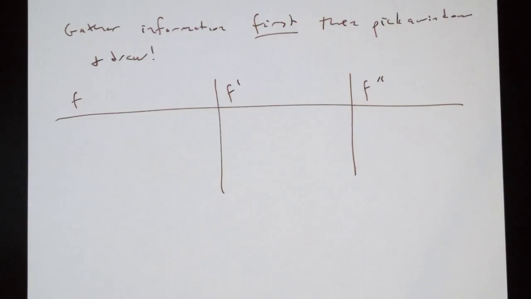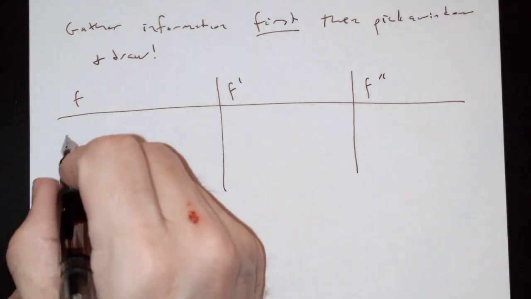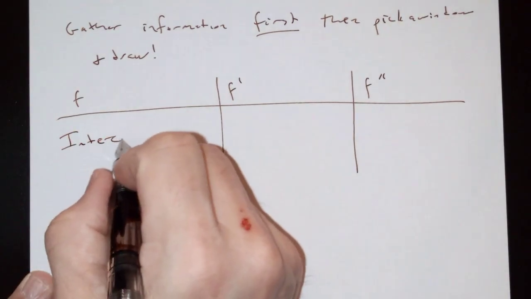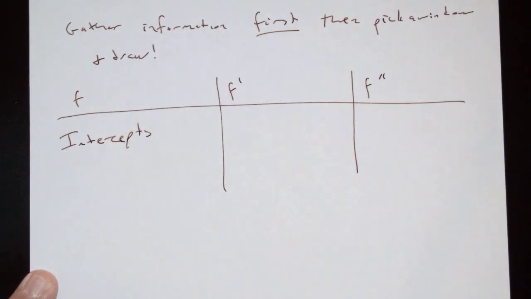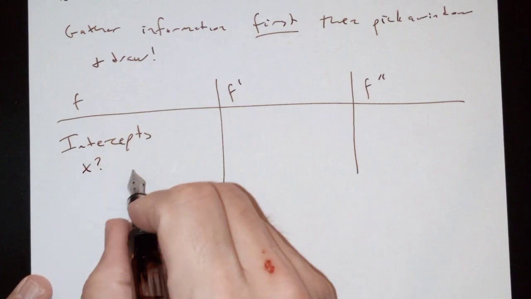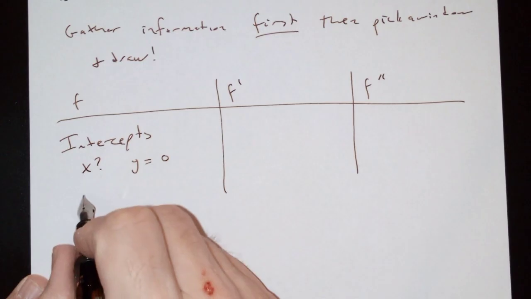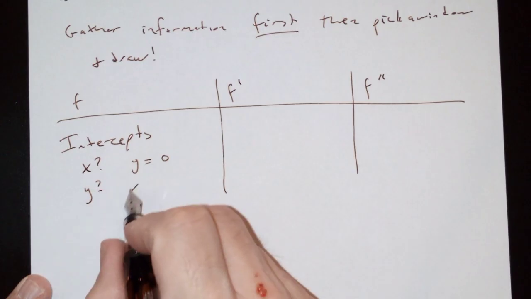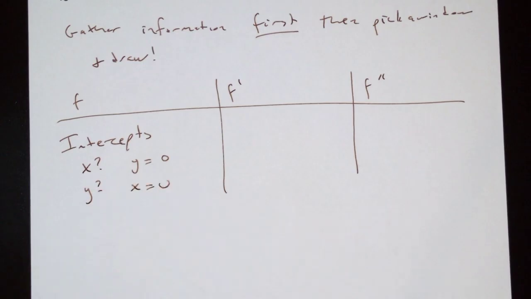And if I can plot some points, I'll be better off. Where it's equal to 0, those are the x-intercepts. I can also get the y-intercept by plugging in x equals 0. Maybe.